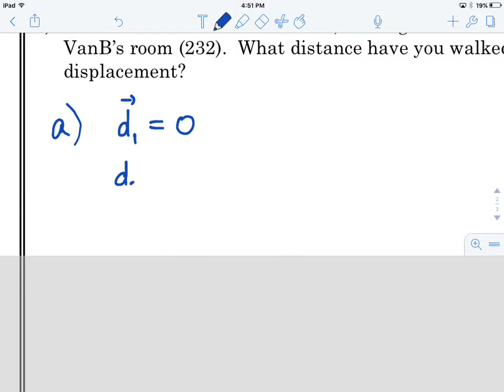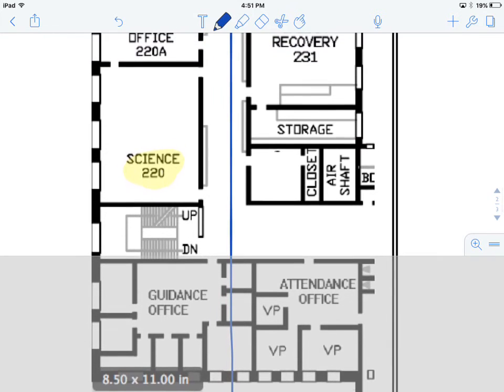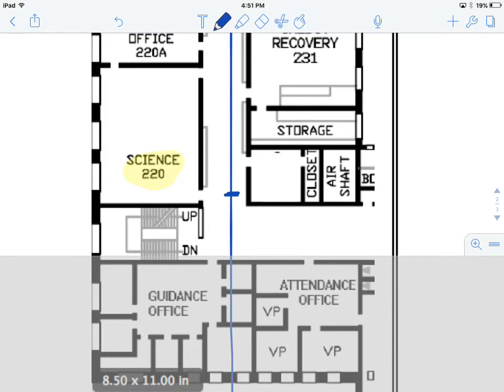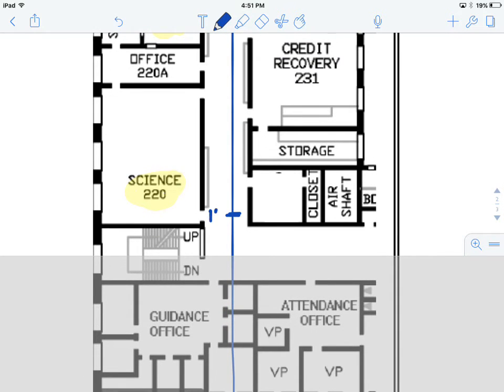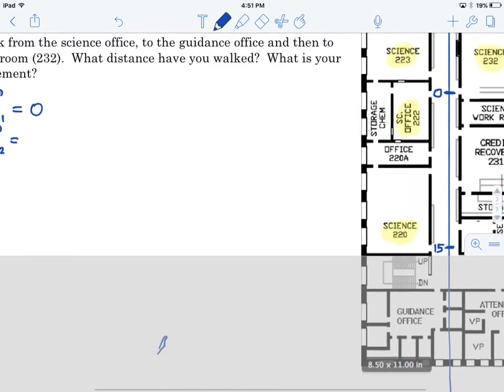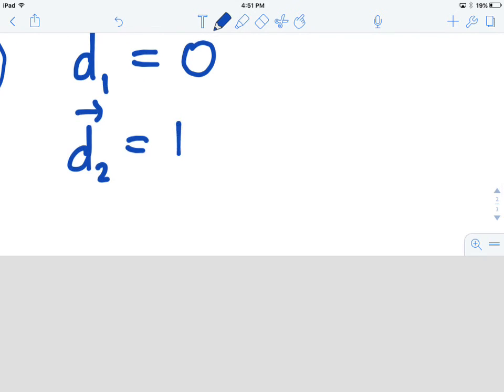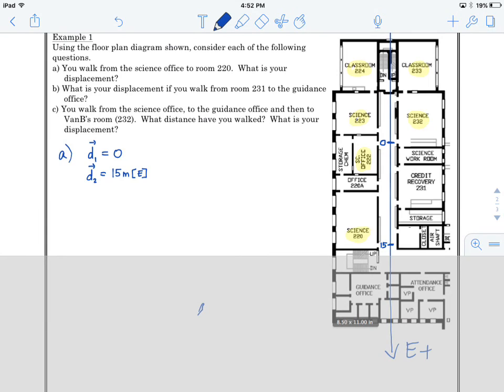Our second position then is at room 220, because the question says, hey, you go from here to here, here's 220, and what we're going to say is that this is about 15 meters to the east, okay? So right here we've got our second, this is 15 meters, and we're to the east of our coordinate system. You see that? Here's 0, and here's our 15-meter mark, but it's in the east direction.